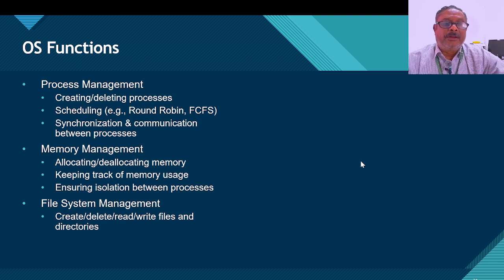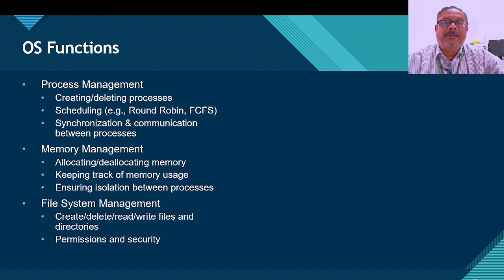So creating a file, deleting a file, reading a file, writing a file, and directory operations, all these come under the file system management. Then it also talks about the permissions for each file and directory: what rights the owner of the file has got, what rights others have got. Usually the owner of the file can access the file in all possible ways, but we want others to only read, or they may read and write but cannot execute.